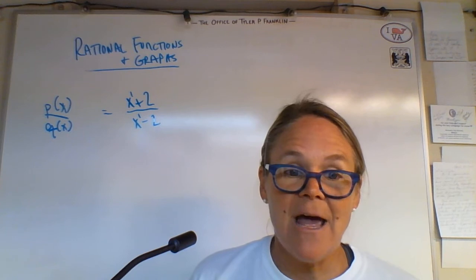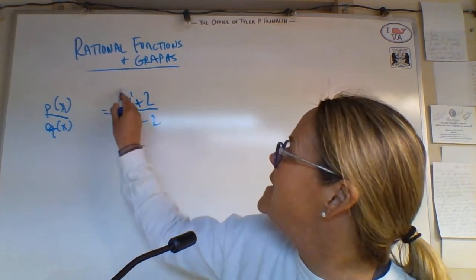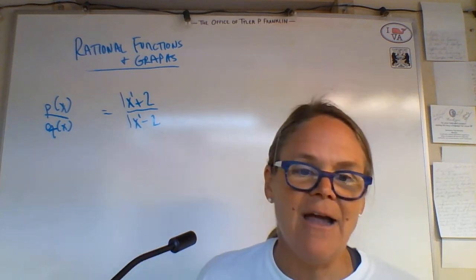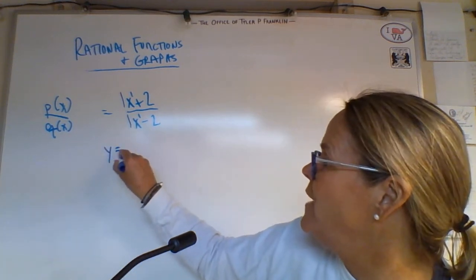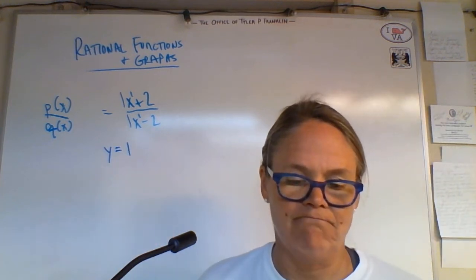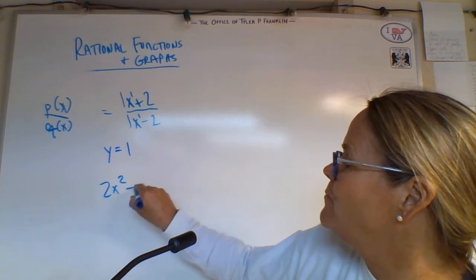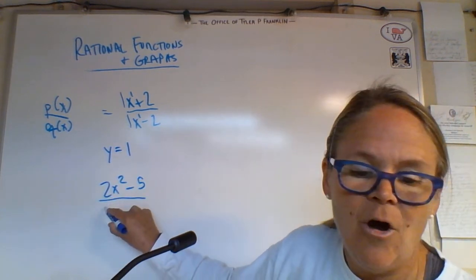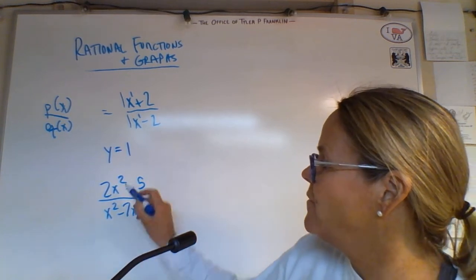Your horizontal asymptote, y equals, is the leading coefficient divided by the leading coefficient. So that would be y equals 1.